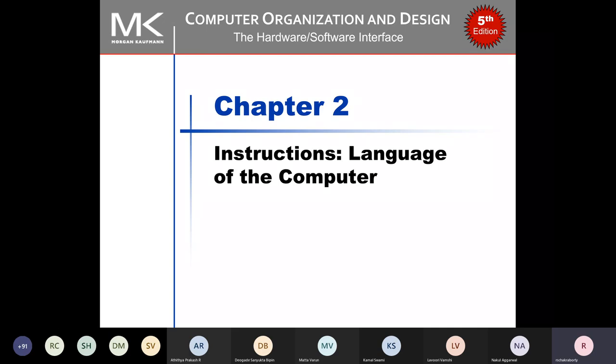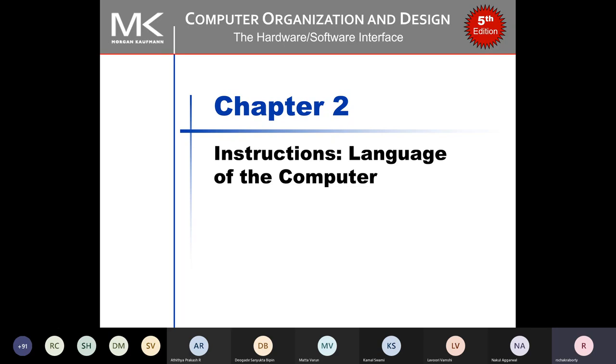Now we will start with actual programming of a microprocessor, but this programming will not be in a high level language that you are familiar with, for example, C. We will start with something called assembly language programming, which is very close to the language that microprocessors understand.